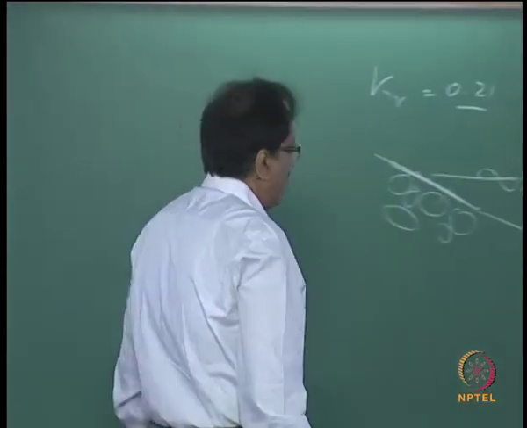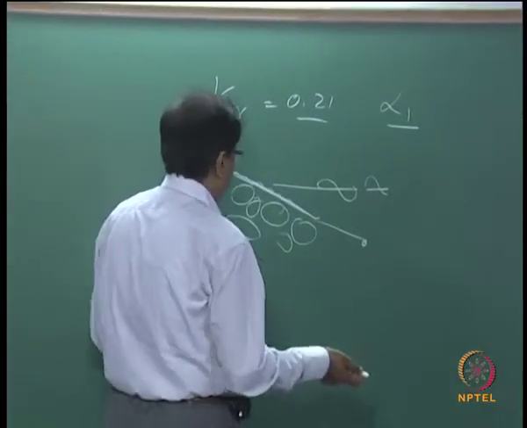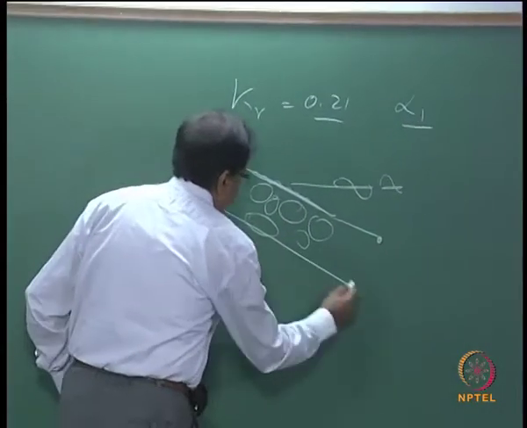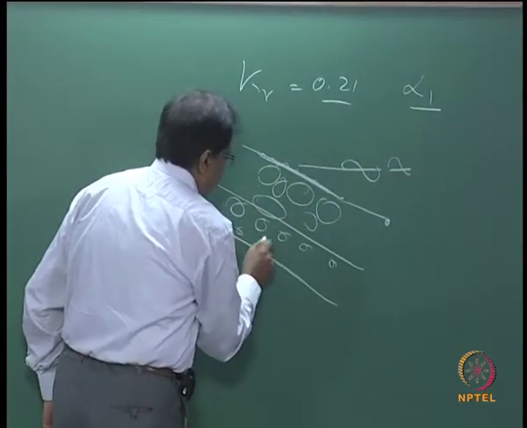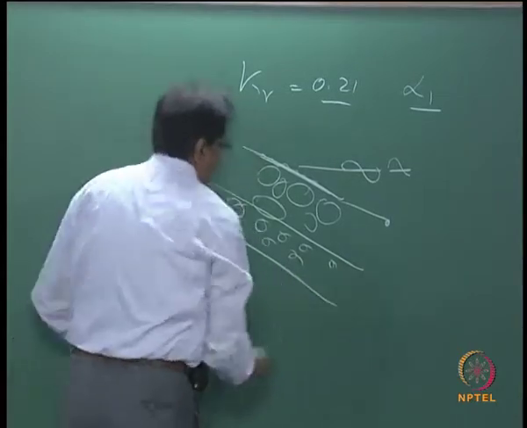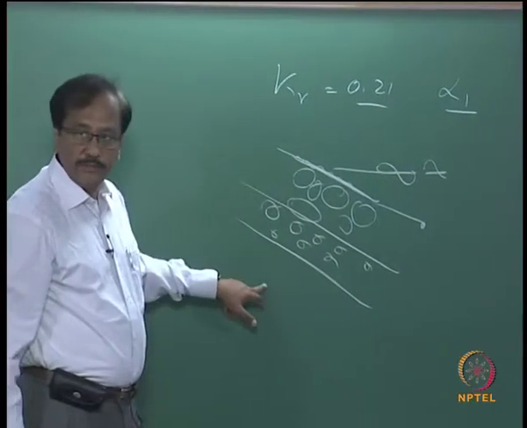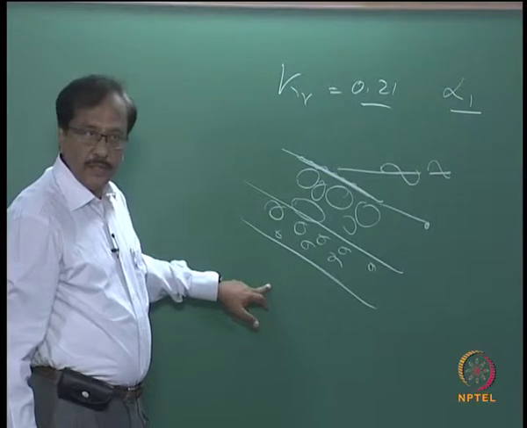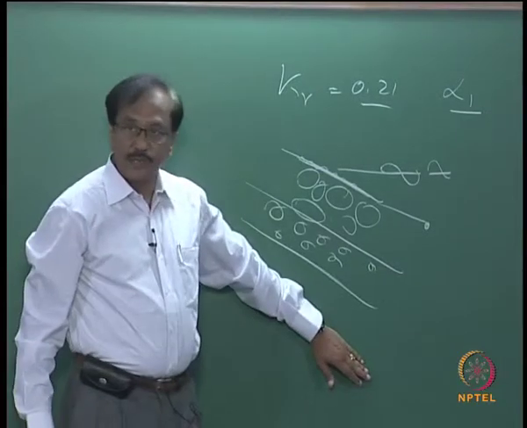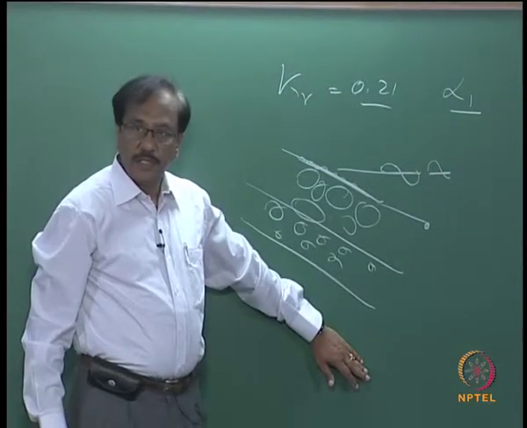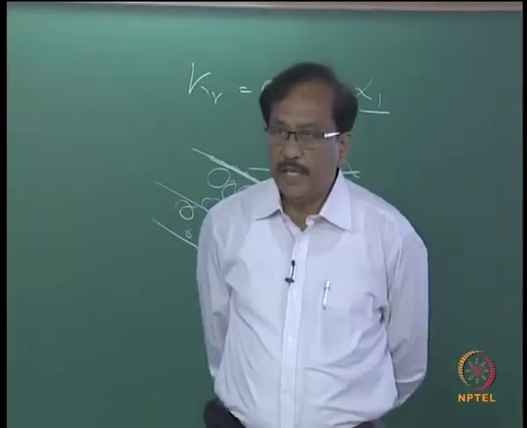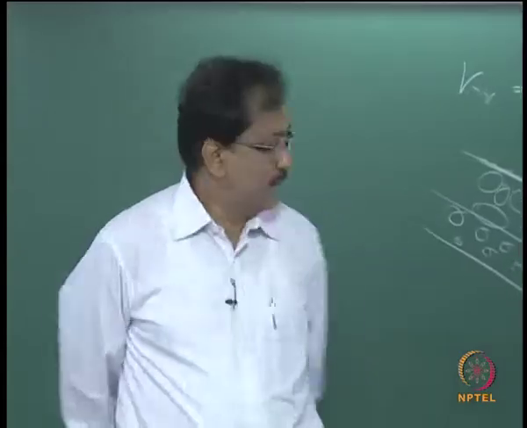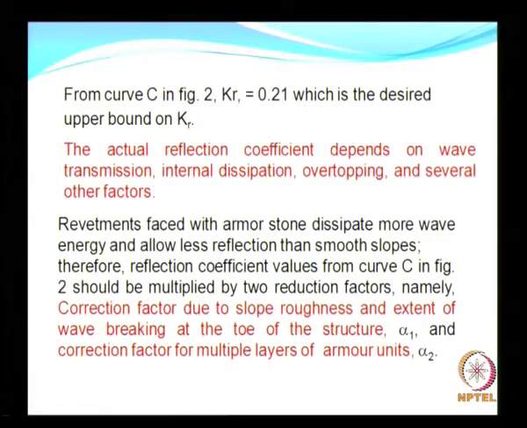So you can have 2 layers for the breakwater or for the revetment, or sometimes even 3 layers are used, okay. So to account for the number of layers, we have another factor which is alpha 2.